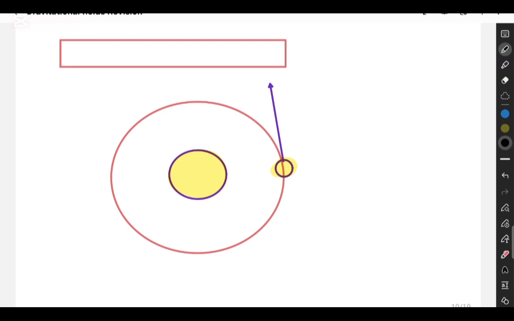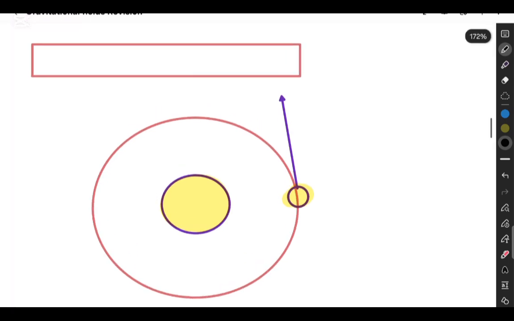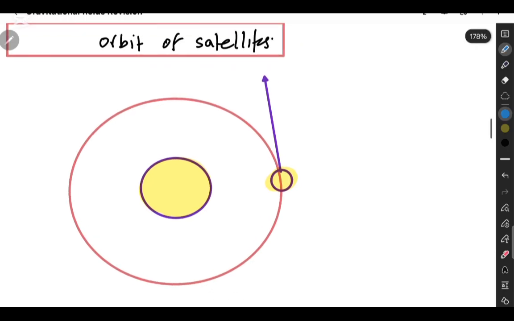Alright, now we're going to be looking at gravitational fields and orbit, basically. So we're going to be looking at the orbit of satellites, okay? First of all, we have this object moving around. Now, the centripetal force of this object is equal to the gravitational force.